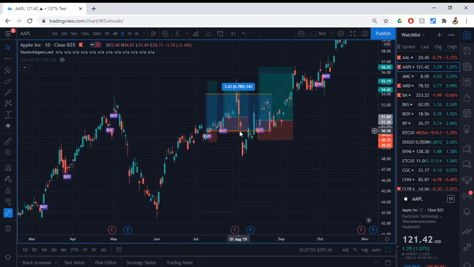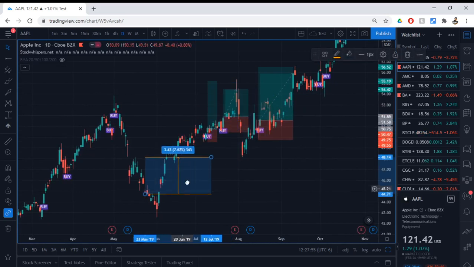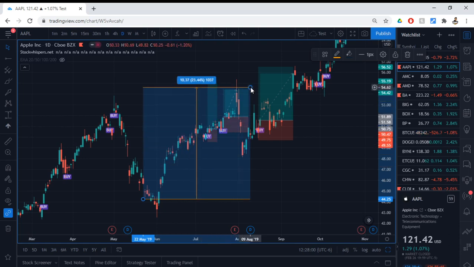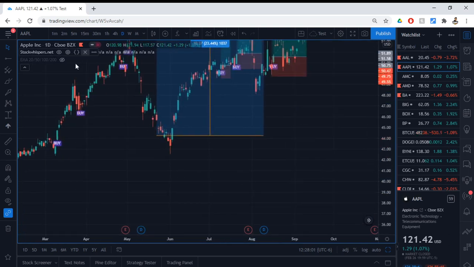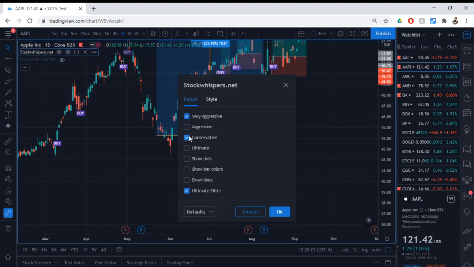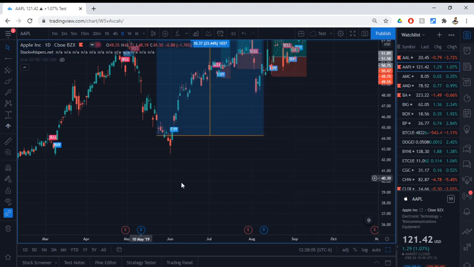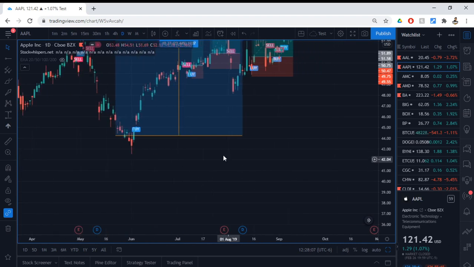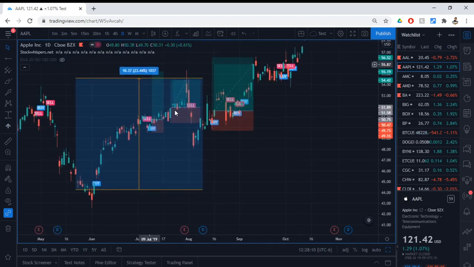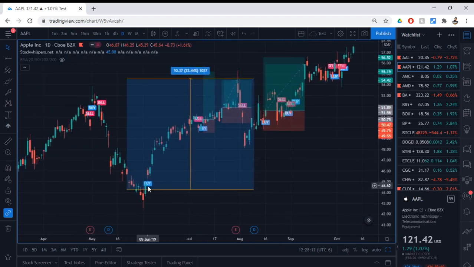So for this profitability here, to make this trade, to make this 28%, I'm going to be risking more, because I know for a fact that the very aggressive strategy has a 50-50 ratio.